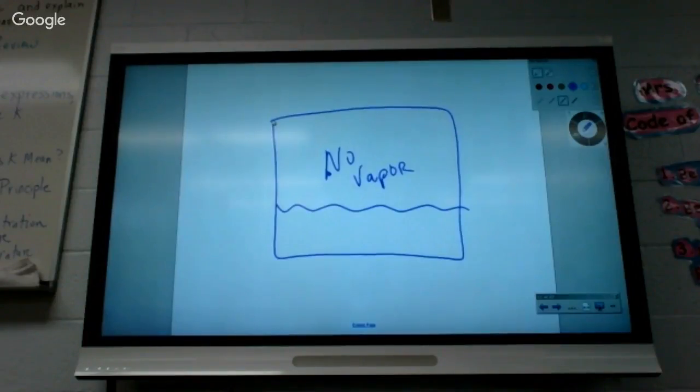The rate of evaporation is high. The rate of condensation is high. And no further evaporation can occur. So which answer choice is correct? No condensation can occur. The rate of evaporation is high. The rate of condensation is high. And no further evaporation can occur.